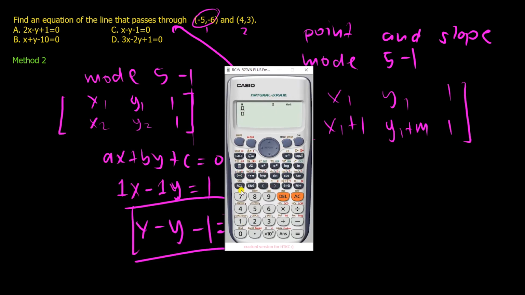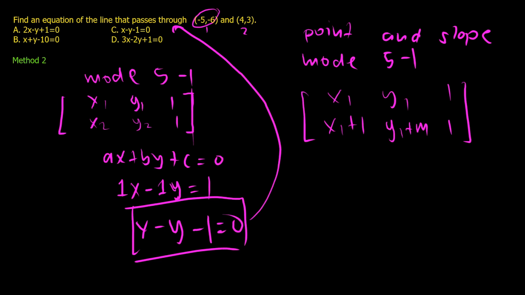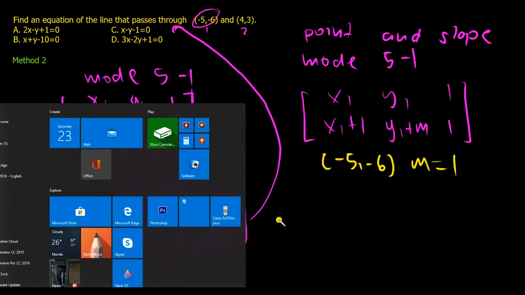Solving for the slope: 3 plus 6 over 4 plus 5, so the slope is equal to 1. Say the problem gives negative 5, negative 6, then m is equal to 1. Can we still use the calculator? Yes.